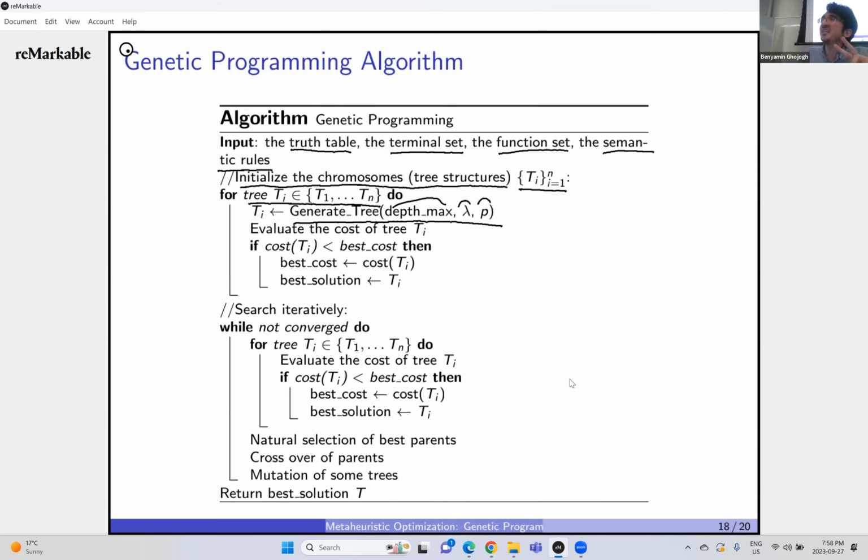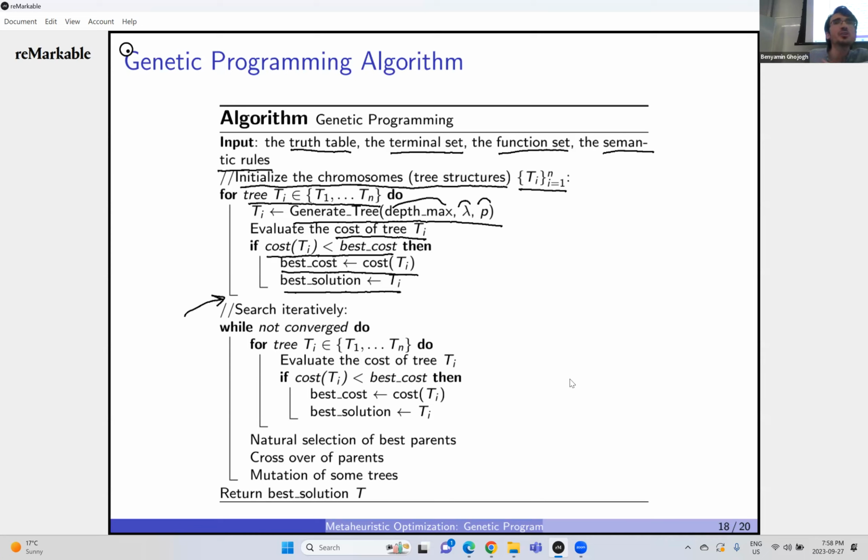So I will have n initial trees, n chromosomes. Then evaluate the cost of the tree Ti as I explained, right? Then you check which of the trees is the best. So when you have a bunch of costs, you can see which cost is the best one, right? Then you capture best cost and best solution. You save them. Now initialization is over.